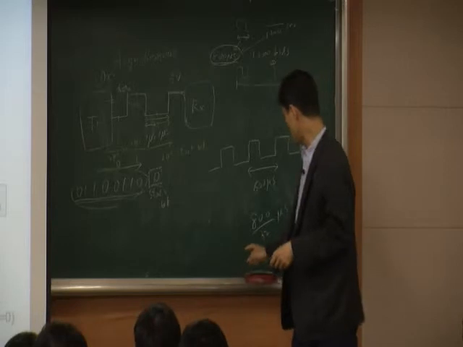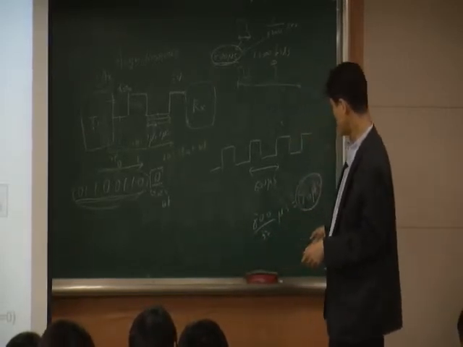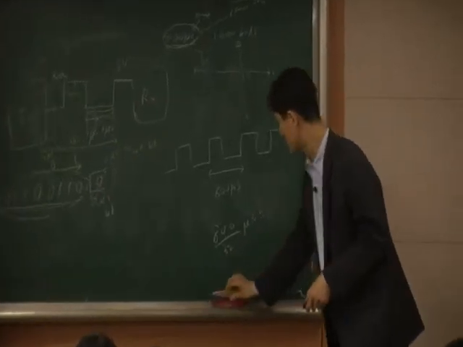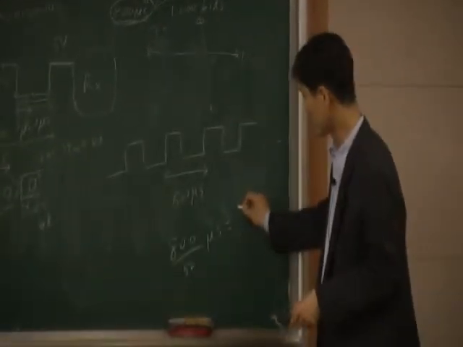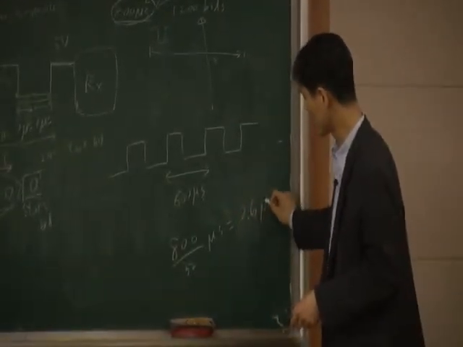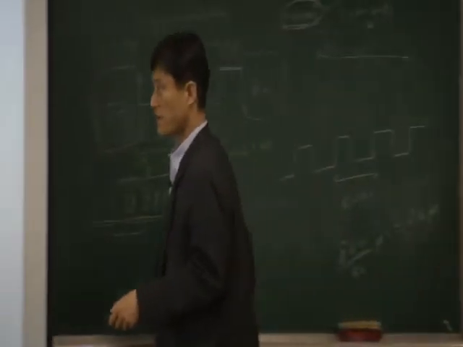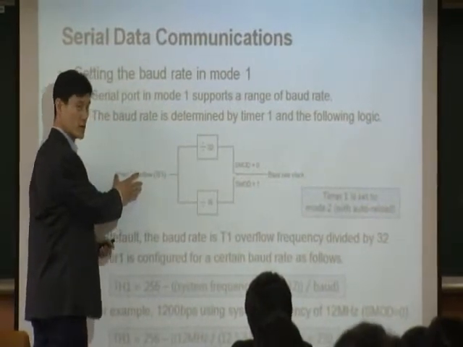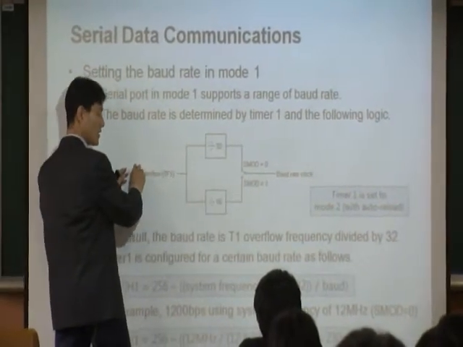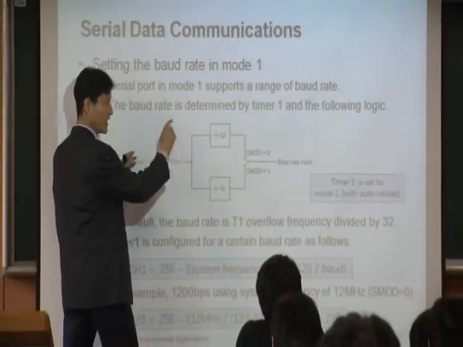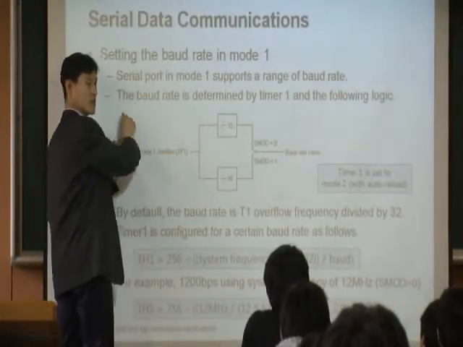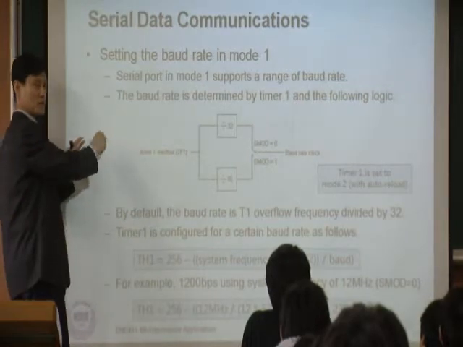Why is that? It's not 26. It's almost like 2.6 microsecond. So you need a 2.6 microsecond here. Why? Think about it. Now we have an overflow in every 2.6 microsecond. 1, another 2.6 microsecond, 2, another 2.6 microsecond, 3.